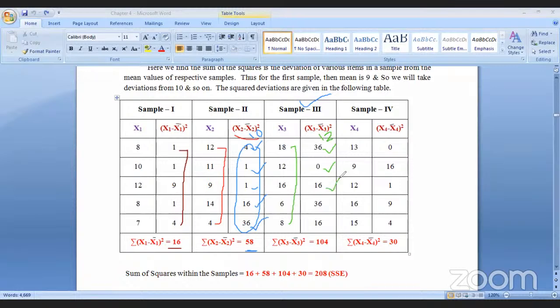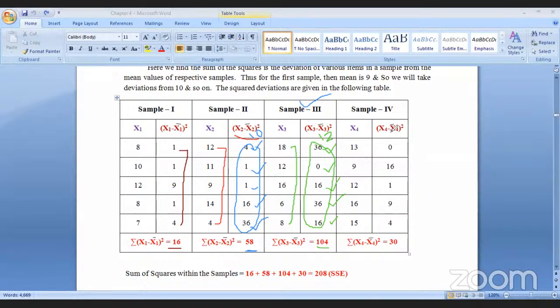Then 6 minus 12 is 6, 6 square is 36. 8 minus 12 is 4, 4 square is 16. Then after getting all these values, just do the total. You will get 104. That is, sigma x3 minus x bar 3 whole square is equal to 104.